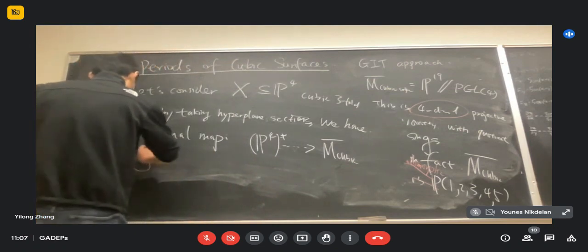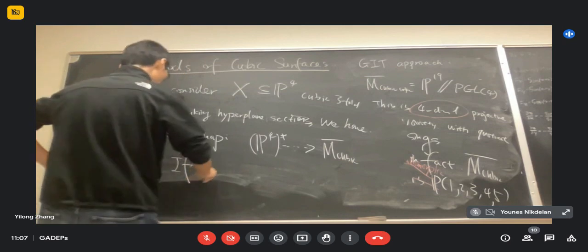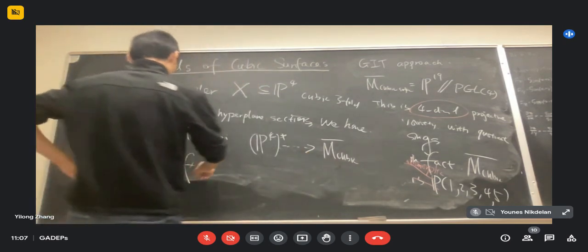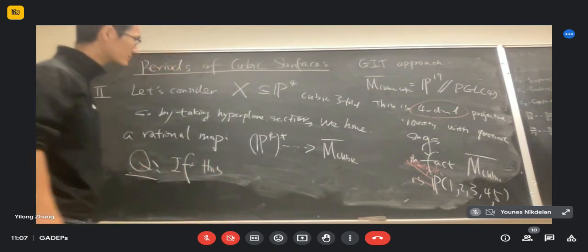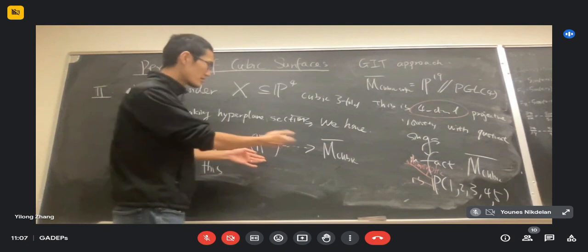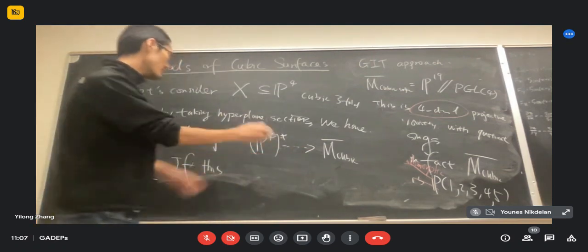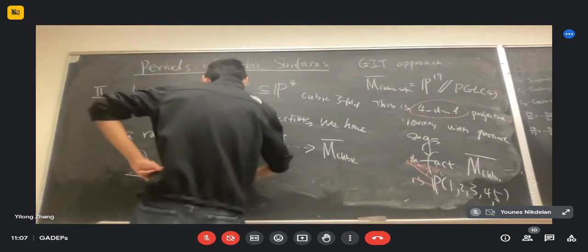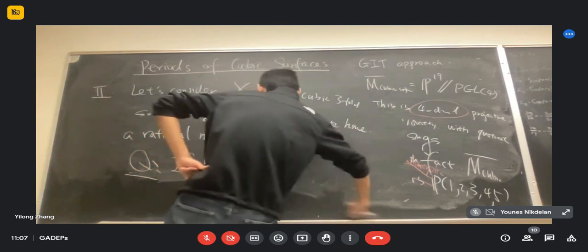So the question is that this is 4-dimensional, this is 4-dimensional. Suppose it doesn't contract a curve, so suppose this is dominant. Dominant.